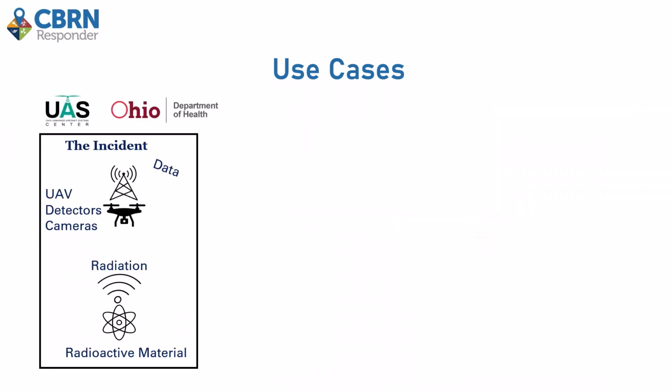And to break that down a little bit further, starting at the very bottom left, we have that radioactive material. The radiation is coming up. So the drone has been sent out.